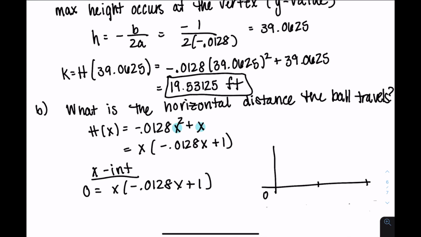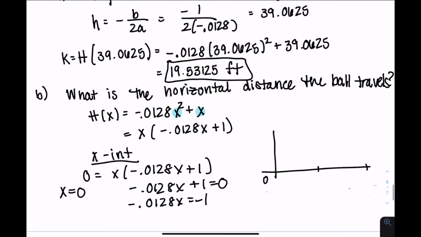So I need my function to equal 0. Since it's nice and factored, that tells us immediately x is equal to 0, or negative 0.0128x plus 1 is equal to 0. If you solve this by subtracting 1 and then dividing by negative 0.0128, you'll find x is going to be 78.125.